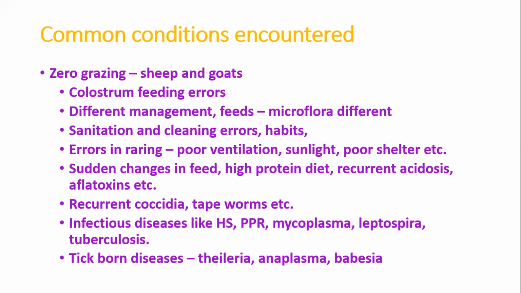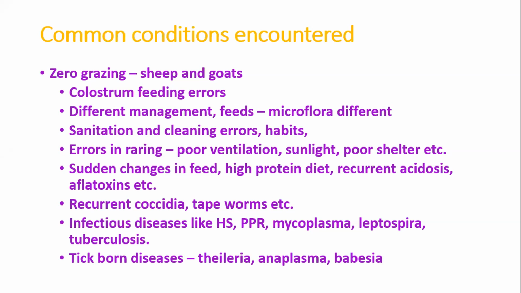So sudden change in feed and a high protein diet is one of the biggest constraints in stall feeding animals, because to get much more gain in weight, many farmers give a high protein diet, even non-protein nitrogen sources, to get much more body weight. Then sometimes many animals suffer from recurrent acidosis. Like large animals, SARA is there. Here also the same thing, subacute ruminal acidosis is there.